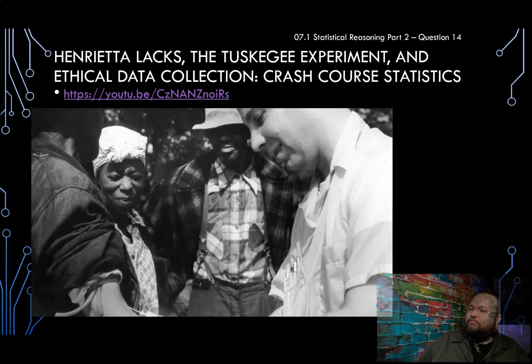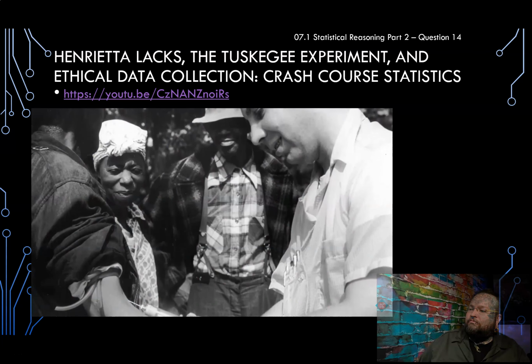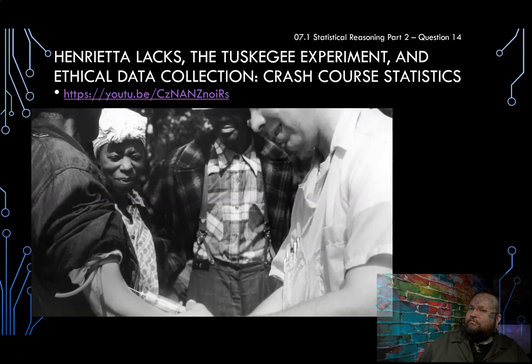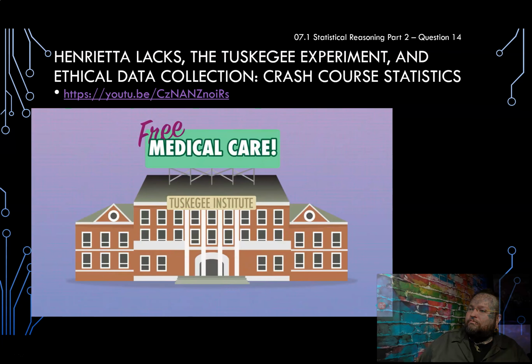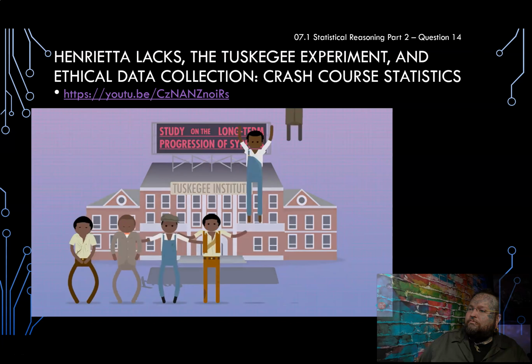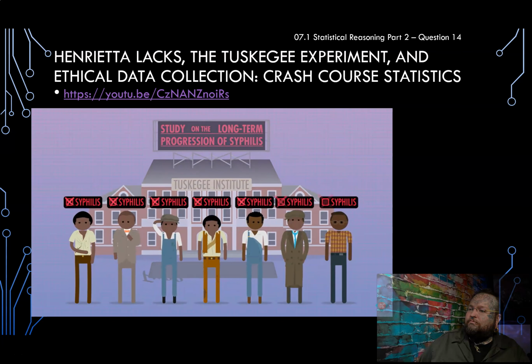This was not the case in 1932, when the Tuskegee Institute began a 40-year-long study on over 600 black men. Under the guise of free medical care, the men were secretly enrolled in a study to observe the long-term progression of syphilis. Over 300 of the men enrolled had the disease, but researchers failed to treat them with anything but fake or innocuous medicines like aspirin, even after it became clear that penicillin was a highly effective treatment for the disease.